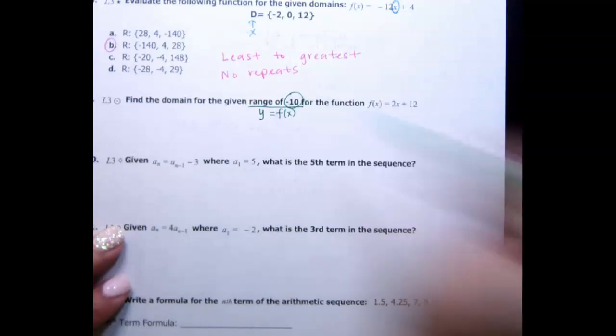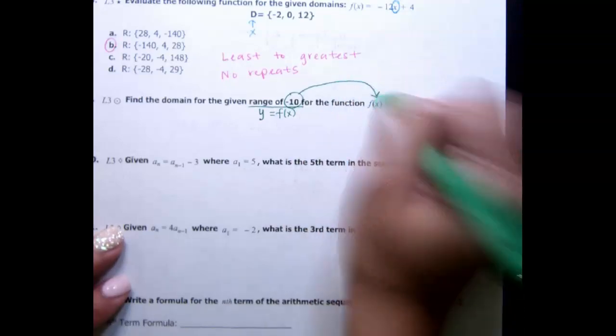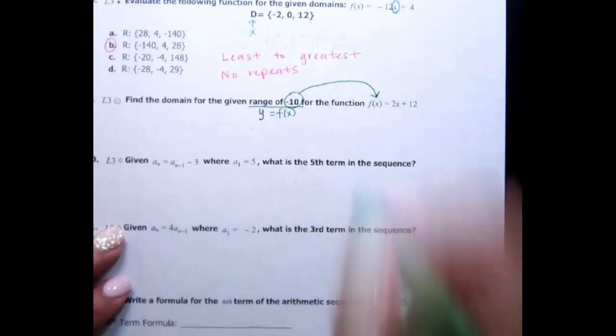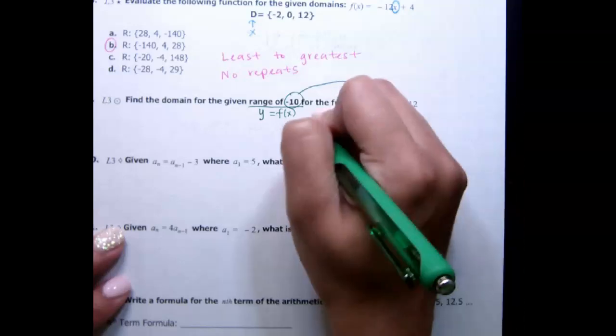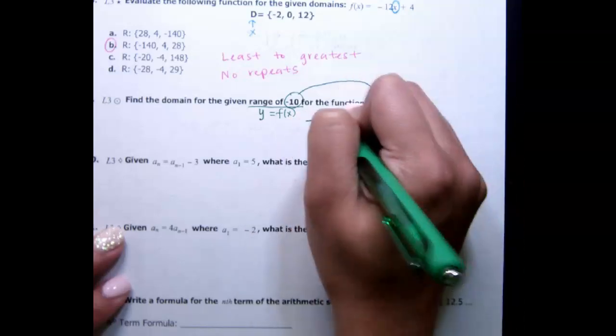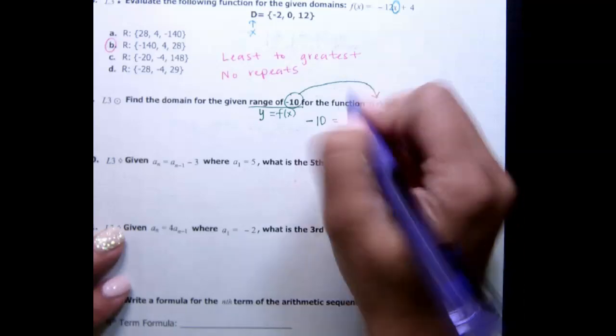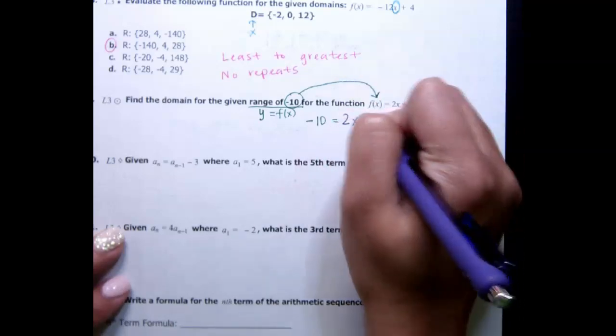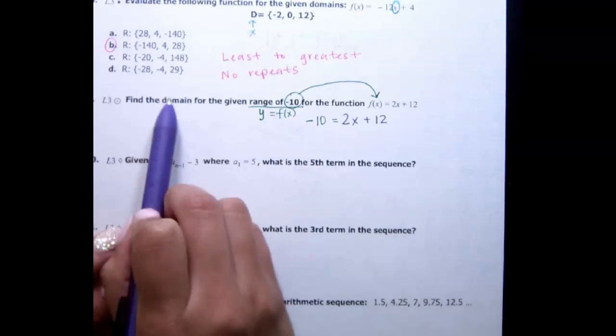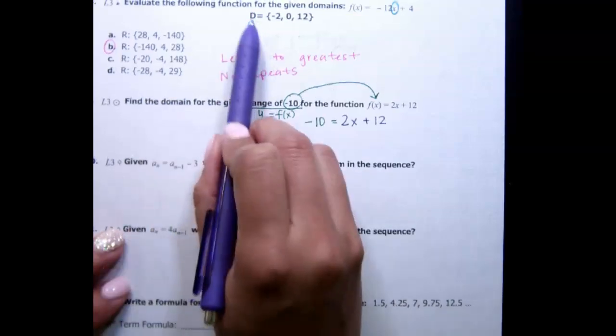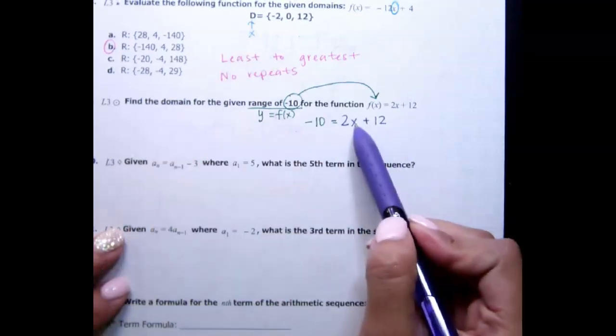So this is going to be plugged in for this f of x. So my equation or function is going to look like this. Negative 10 equals 2x plus 12. I need to find the domain. Up here, remember we said domain is the x value, so I need to solve for x.